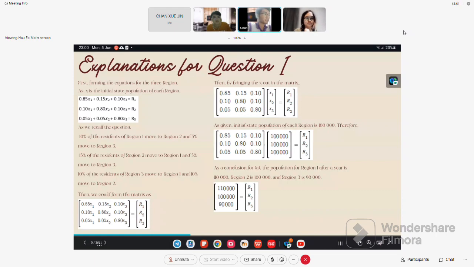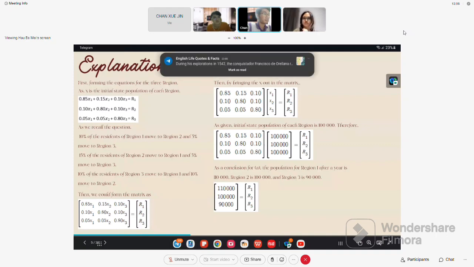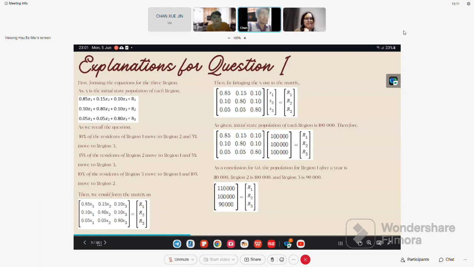So for the first region, 85% of region 1 residents remain after a year. So we can form an equation as 0.85x1 plus 0.15x2 and 0.1x3. The x represents the initial state of each region. So we can form the matrix as shown there.